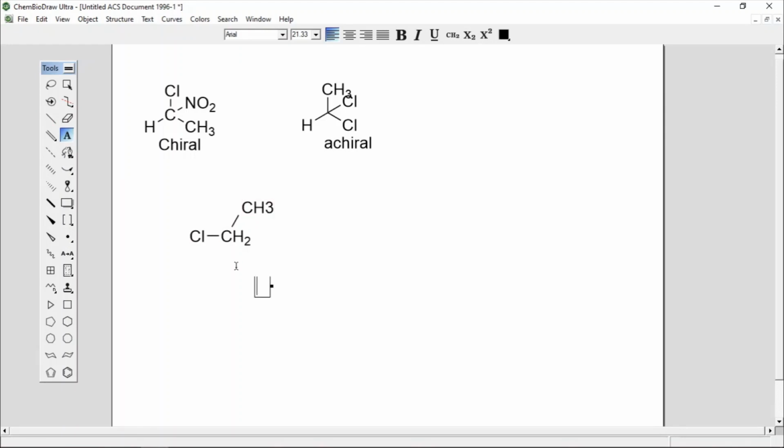Now you have to tell me whether this carbon is a chiral carbon. Is it chiral or achiral? Achiral, because it has this two CH2 group. Okay, now again I'm writing.